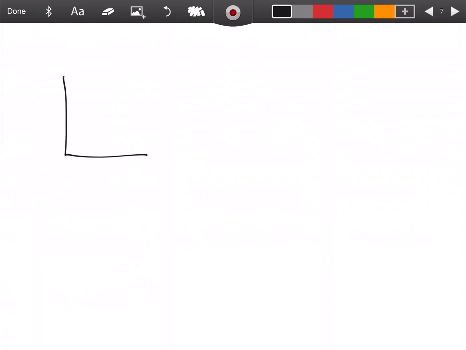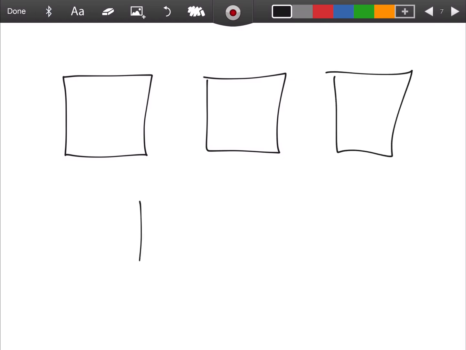So you know that you're going to have 4 boxes of ice cream bars.